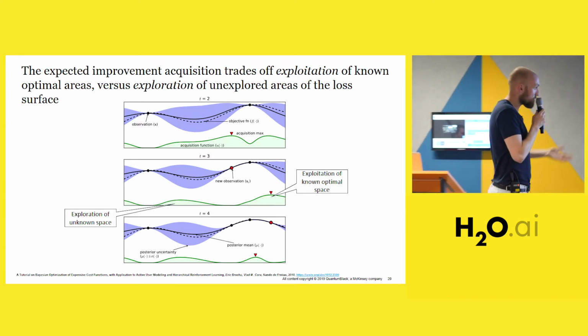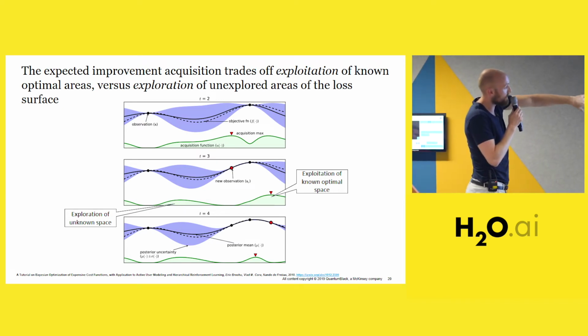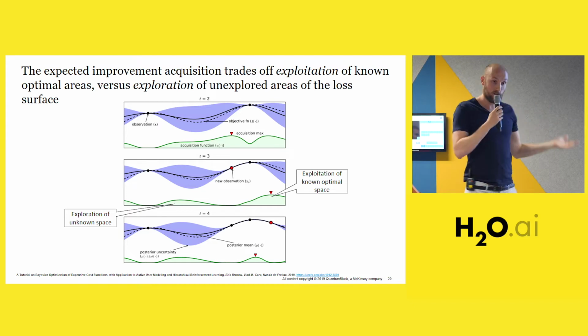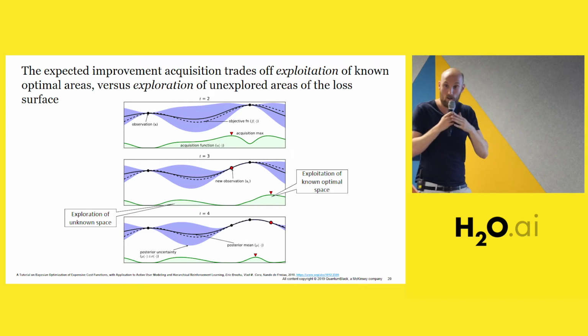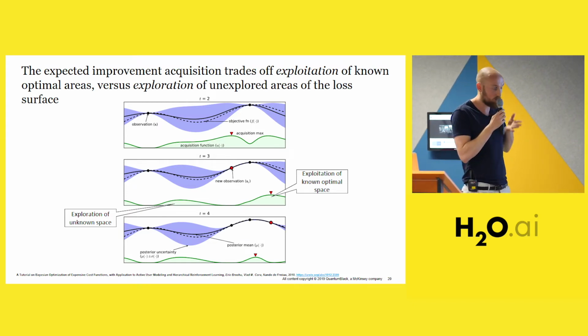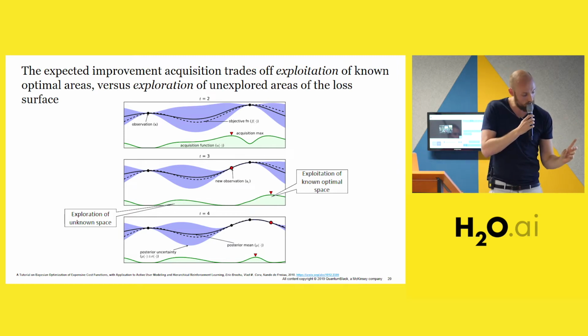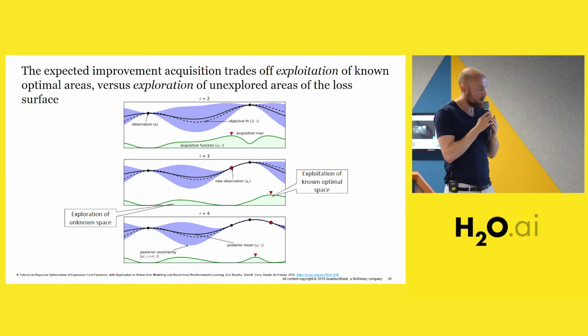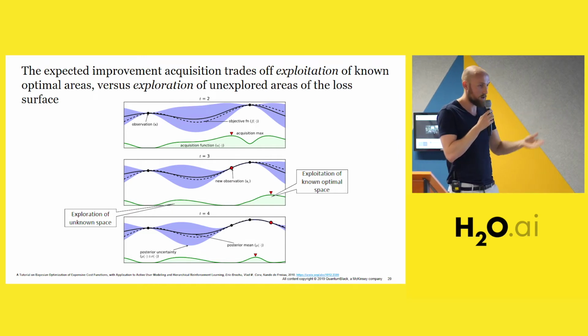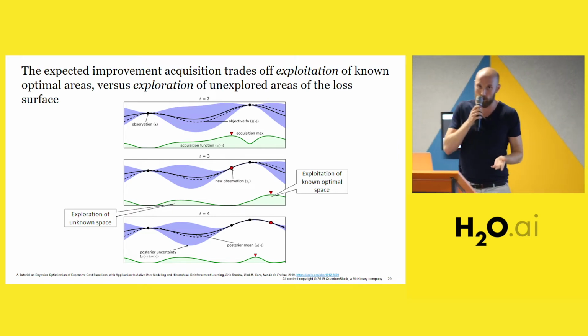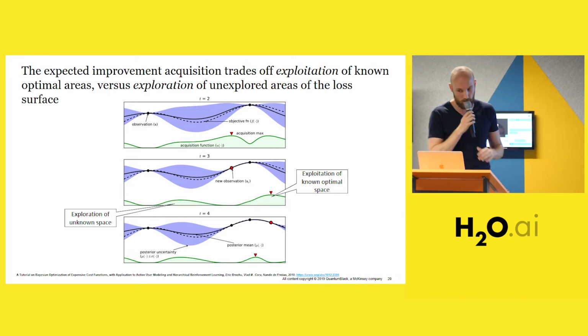But at the same time, you also see these regions more to the left, where you haven't sampled yet, and that's the exploration component, right? Because you don't want to overfit on that one area of the performance metric that you have already sampled. So what these utility functions try to do is always give you this compromise between exploration of the space versus exploitation of the space.